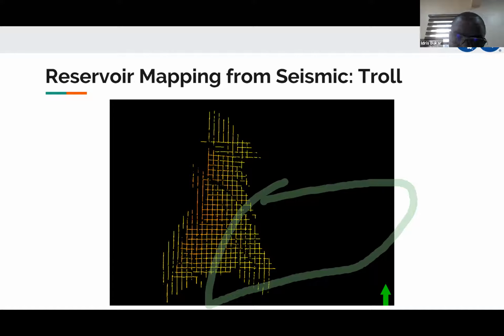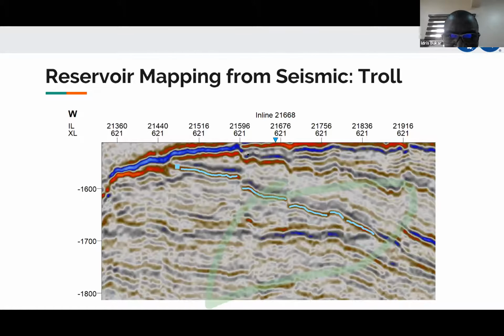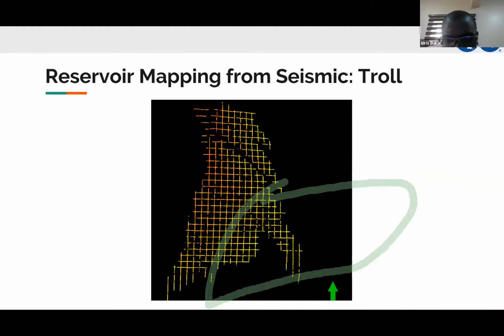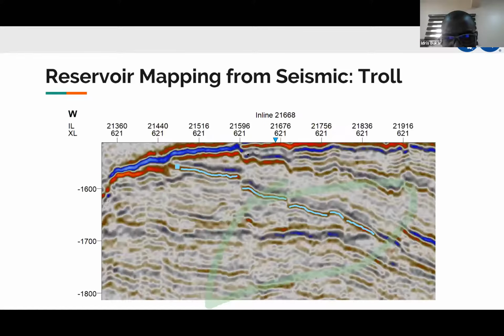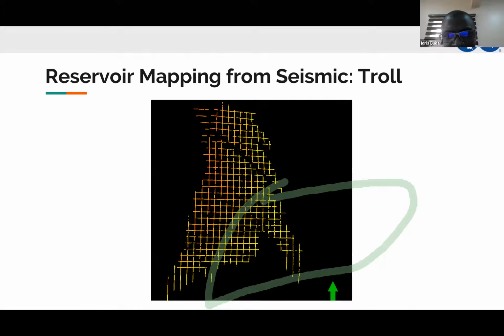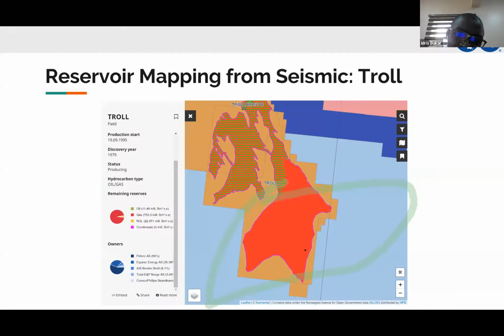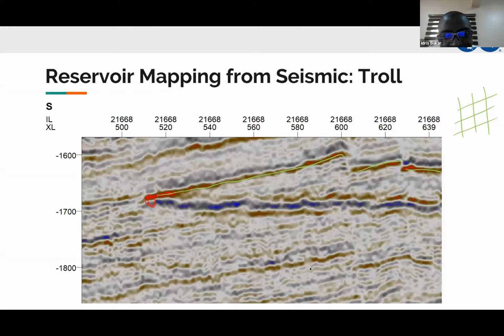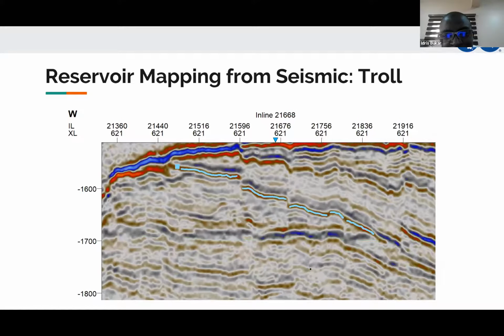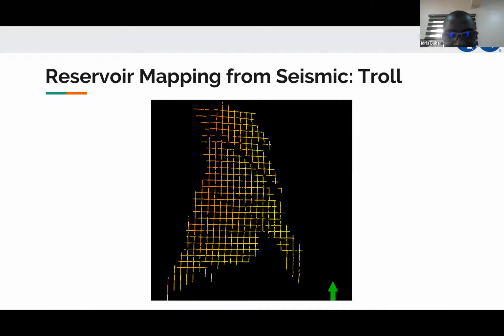You can see, I don't know, someone seems to be drawing on my screen. Anyways, so this is what we are trying to come up with here, the Troll East field, the gas field. And this is a layman's approach. You could probably do this in a few hours to get to this point.